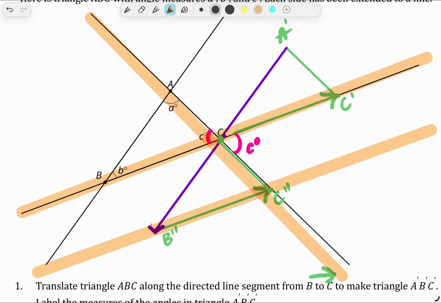So from the original triangle, this was angle A, and we translated it. So this is also angle A degrees. A degrees, A degrees.